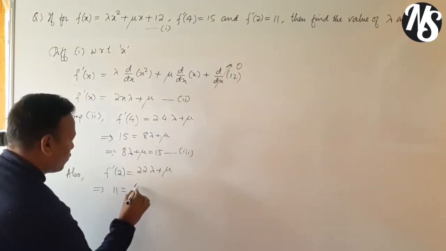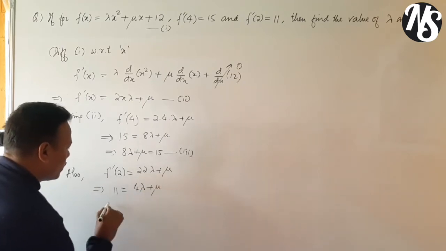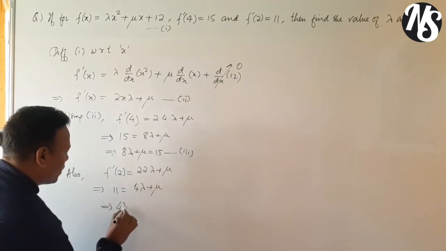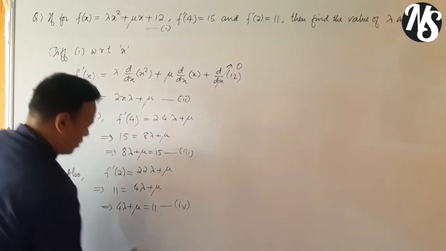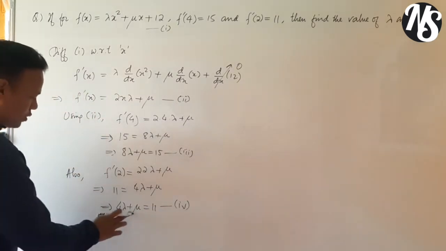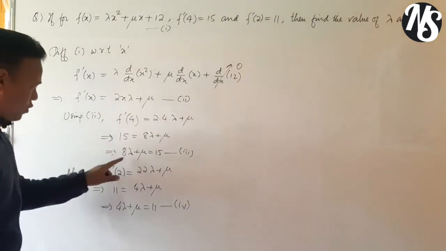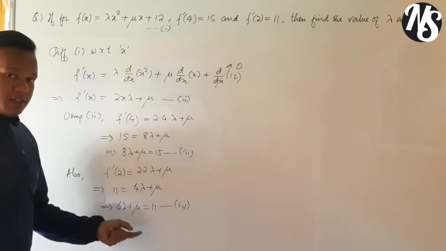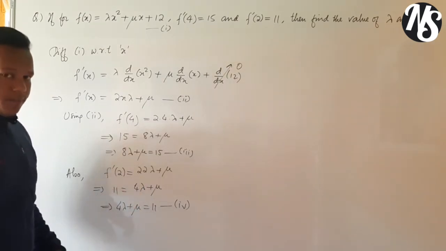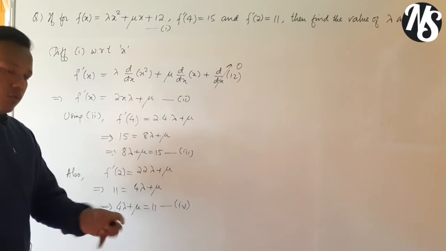So 11 turns out to be 4 lambda plus mu, or in other way 4 lambda plus mu is equal to 11. Let me call this equation 4. Now you want to find the value of lambda and mu from 3 and 4. They are simultaneous equations. It's very easy to find. So you can find it your own way.